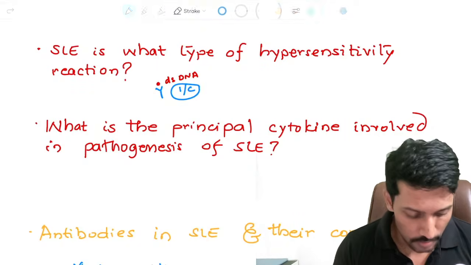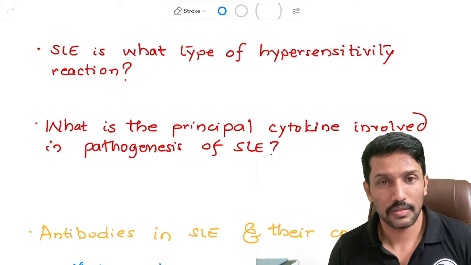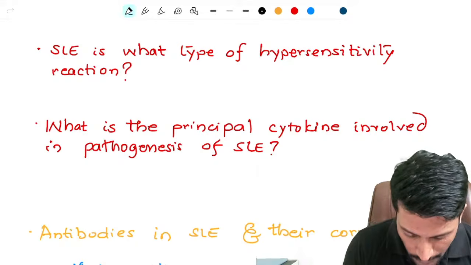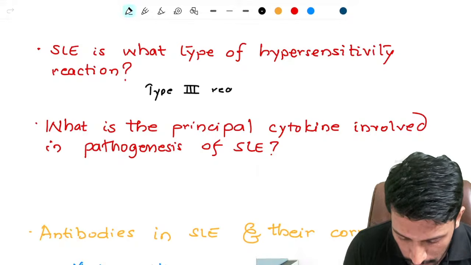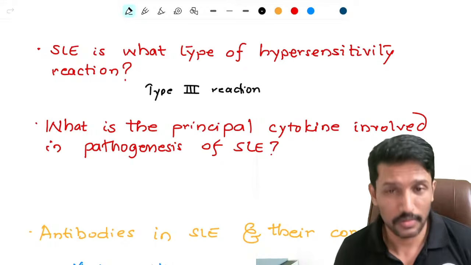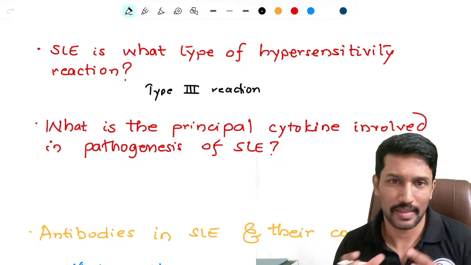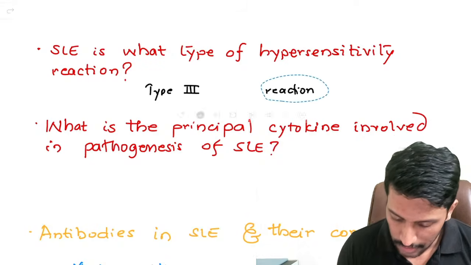So then you should tell me what type of hypersensitivity reaction SLE can be considered as. Yes, it is type 3 hypersensitivity reaction. SLE is an autoimmune disorder where organ dysfunction is due to immune complex deposition, and that is why it is considered a type 3 hypersensitivity reaction.